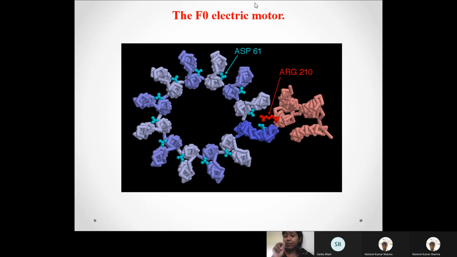So you're looking for some key residues. उन रेसिड्यूज को अगर म्यूटेट कर दे तो ये चैनल काम नहीं करेगा.